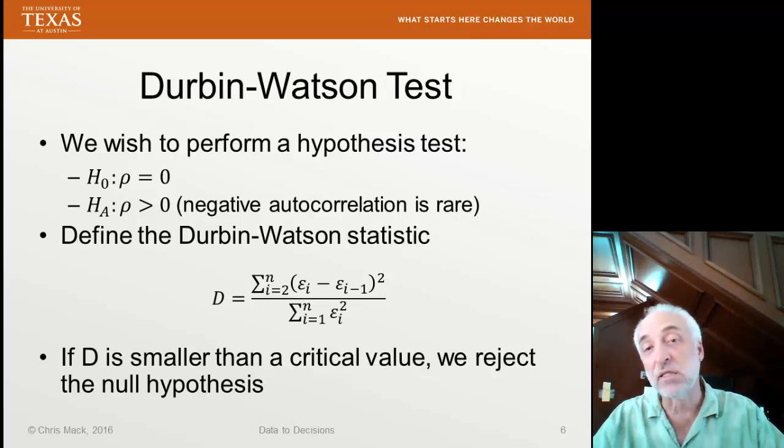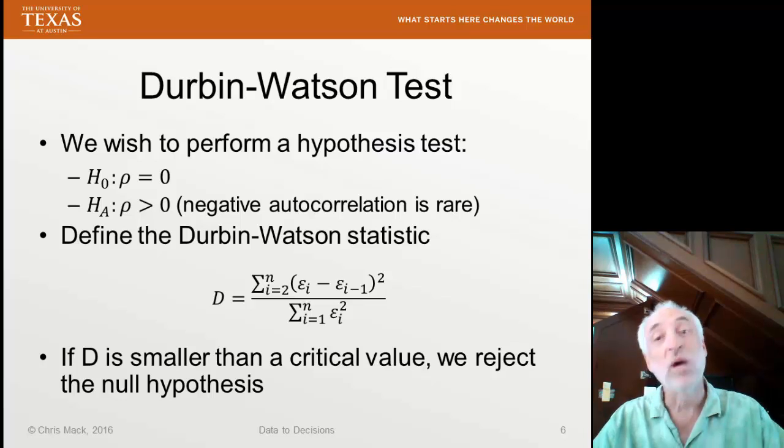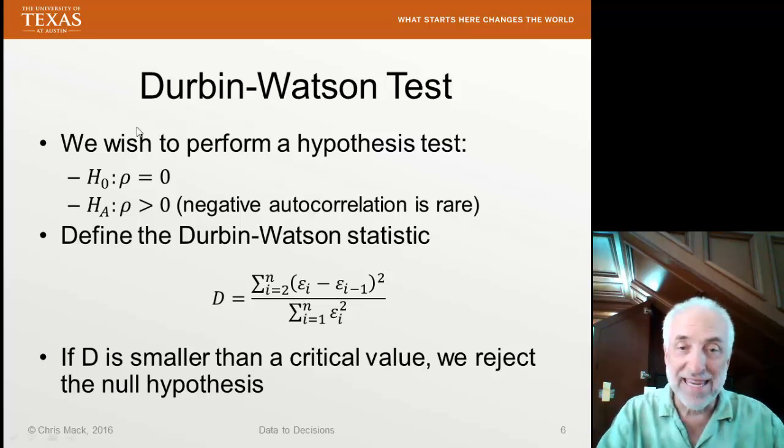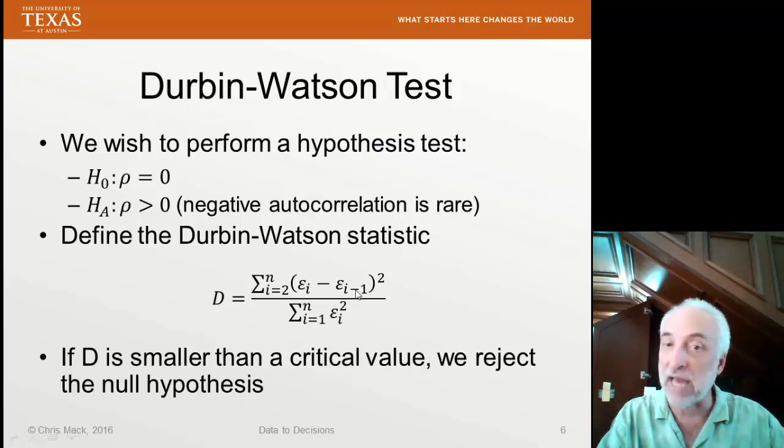What would we expect this statistic to be? Well, if we have lots of correlation, that means the next residual is a lot like the previous residual. These things are related. They're not independent of each other. These things are going to be very close to each other, and therefore their difference is going to be small.